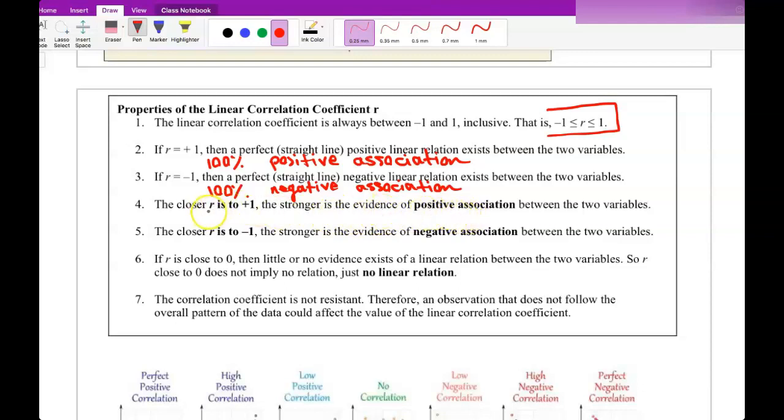If r is closer to +1, that means it's closer to 100%. For example, you may have 90% like that. And then number 5, the closer r is to -1, with negative slope, the stronger the evidence of negative association.